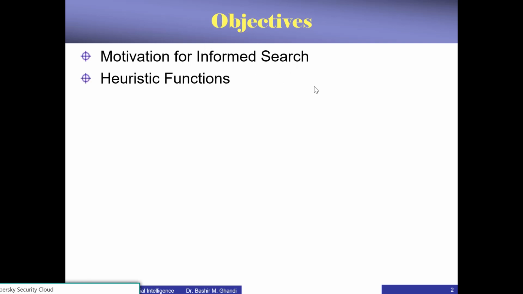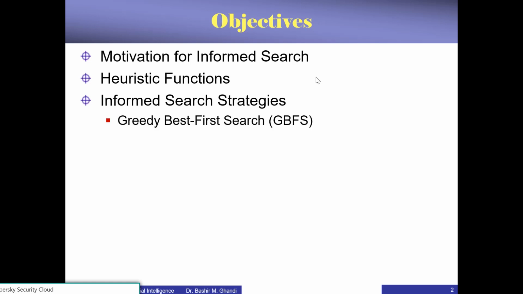So first we will learn about heuristic functions, because informed search depends on a function called the heuristic function. So what are heuristic functions? Once we learn that, we will look at the two main informed search strategies, namely greedy best first search, GBFS, and the A-star search.